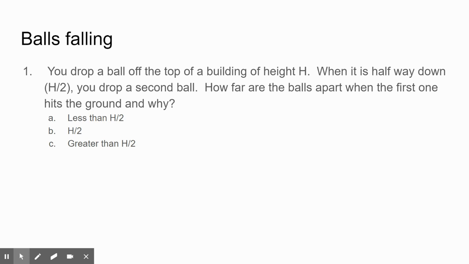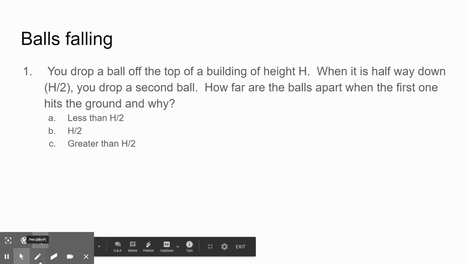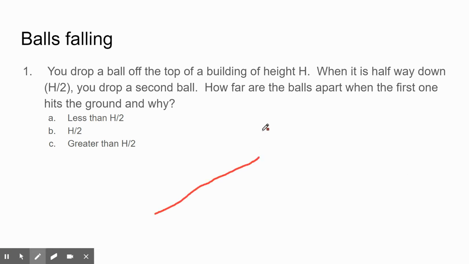It makes sense if you think about a velocity versus time graph being a triangle. Can I draw on this slide with this thing? Okay, here's your velocity versus time graph. You guys can see the drawing, yeah? Okay, cool.